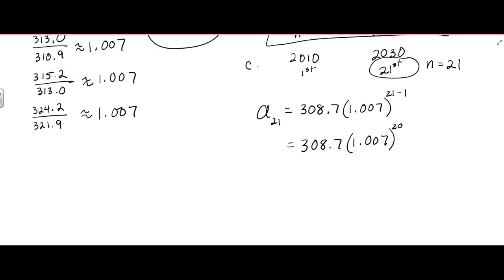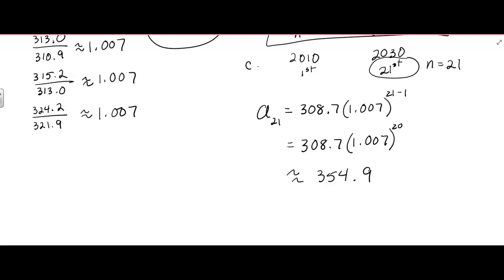So 308.7 times, I'm just going to put times, you could put a parenthesis, 1.007, and then I have to have my exponent button to the 20th power. And my calculator knows the order of operations. So it looks like I'm getting about 354.9 million. Now I'm going to go one decimal place because that's what they were showing on the chart.